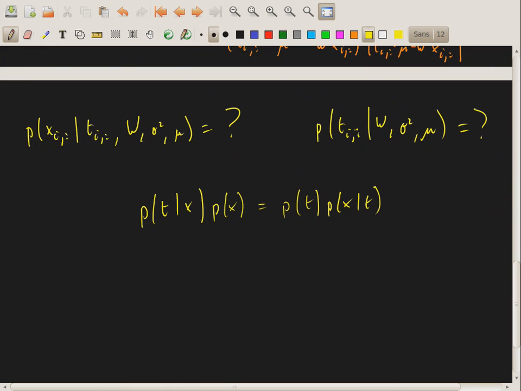This is Gaussian times Gaussian, so what's this side going to be? Gaussian times Gaussian. Everything's Gaussian. So we have to extract the component of that Gaussian which is the posterior, and the component which is the marginal.